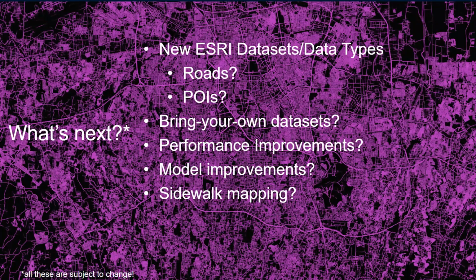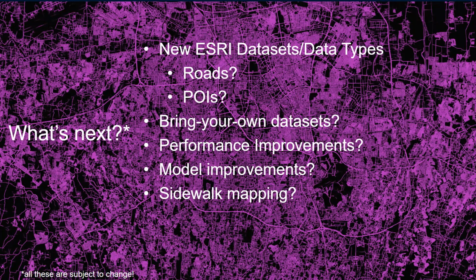So what's next for Facebook? First, we'll continue adding ancillary data sets in any data type, and they could be roads or POIs or buildings. In the meantime, we also welcome you to bring your own data set, and we can support putting this data set into the ancillary platform and ending up loading it in Rapid.